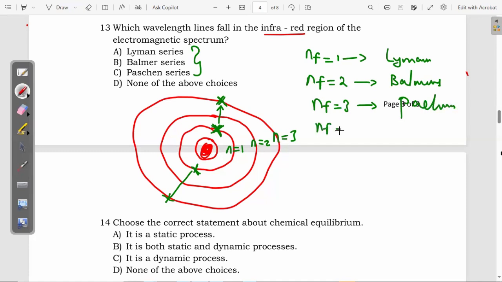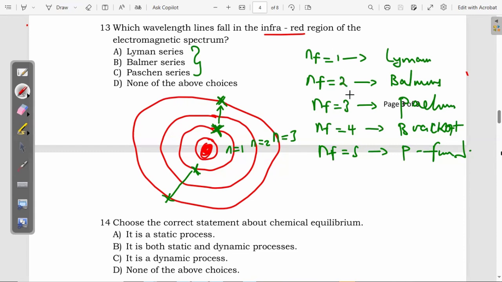If n final is 4, that gives us the Brackett series. If my n final is 5, we have the Pfund series. These are the ones that you're supposed to know. An electron can come from wherever, but as long as it ends at 1, Lyman series; ends at 2, Balmer; ends at 3, Paschen; ends at 4, Brackett; ends at 5, Pfund.